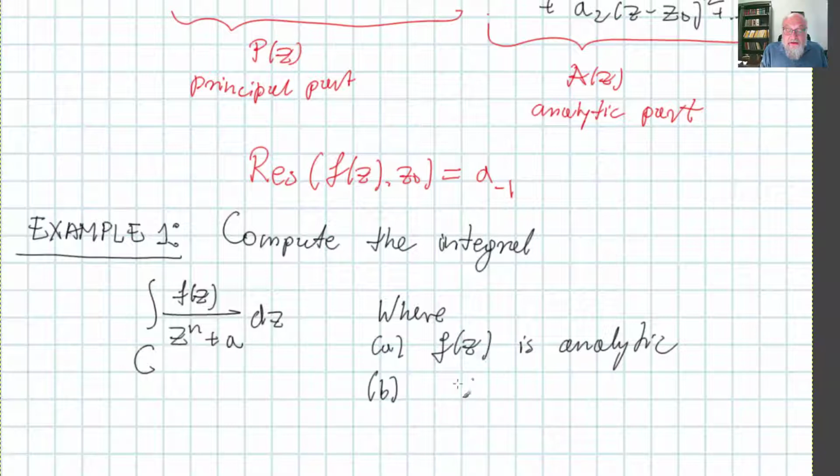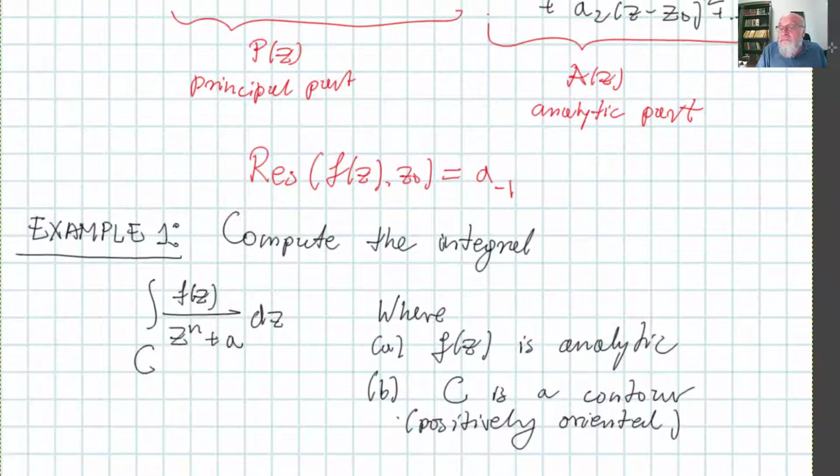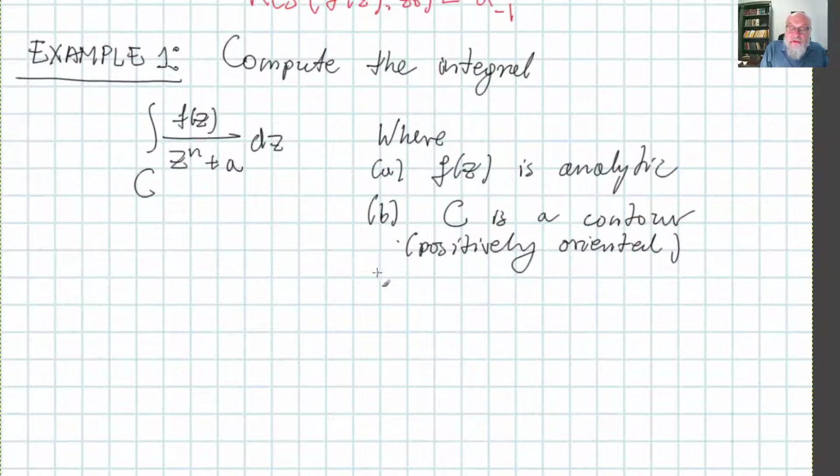And b, C is a contour, positively oriented, of course, containing only one single root.